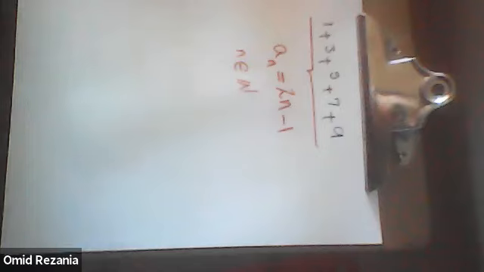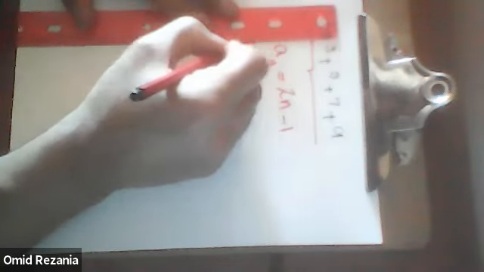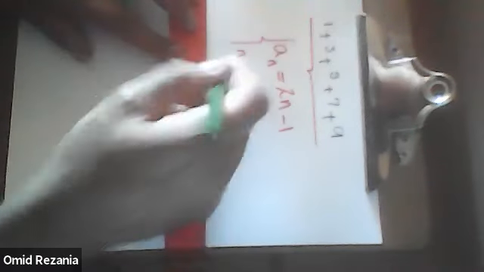Can I write odd numbers as 2n minus 1, where n belongs to the natural numbers? Can I say that? Yes? Is it clear for everyone?